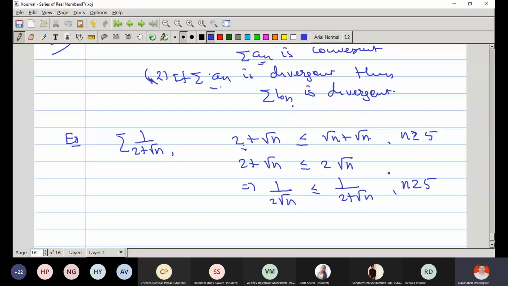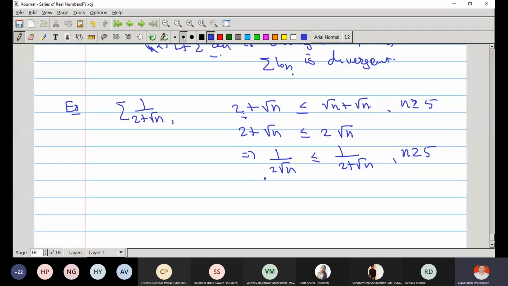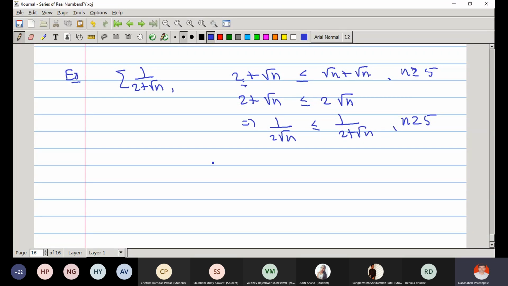Up to 5, don't worry. These are only finitely many numbers. That sum is finite. We are interested in after 5, which is an infinite sum. If that is divergent, then adding the previous few terms is not an issue. And therefore, we know that series 1 upon 2 root n, where we can take 1 by 2 outside, is 1 by 2 times series 1 upon root n.